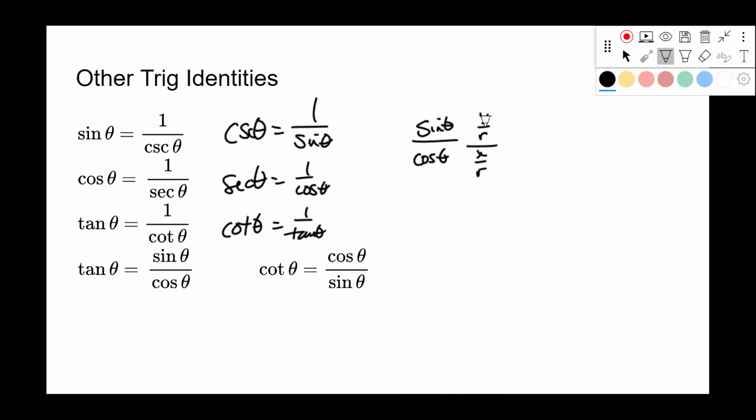So if I keep this, I'll rewrite this, y over r divided by x over r. Keep that, change that, flip that over. Y over r times r over y, or r over x. R's cancel out, and I get y over x. But y over x, that's tangent. So tangent is sine over cosine, the y-coordinate over the x-coordinate. Cotangent is just x over y, cosine over sine.